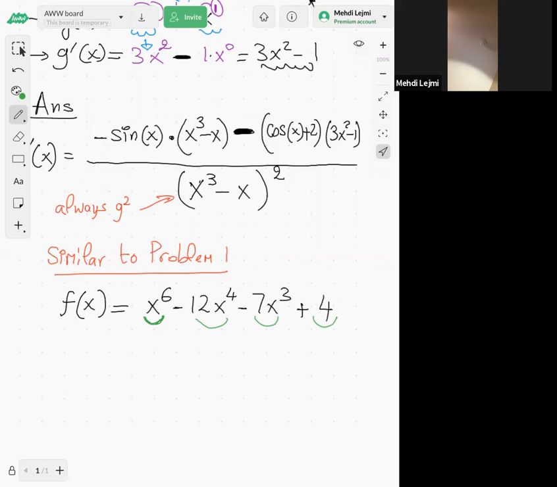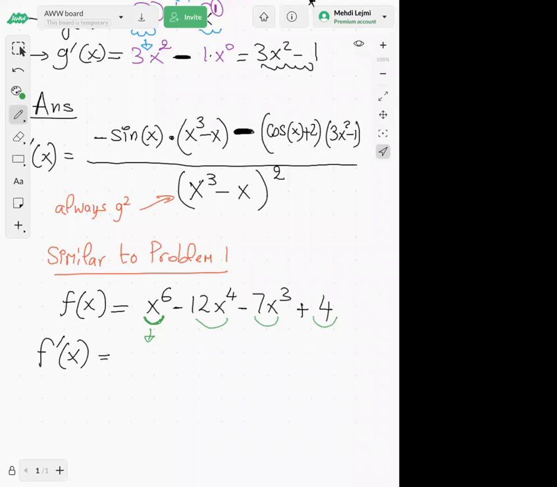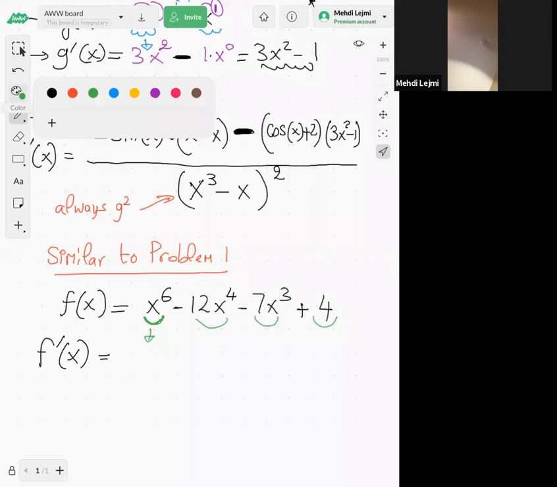So then f prime of x. First, you need the derivative of x to the power 6. Do you know what the derivative of x to the power 6 is? Well, this is a power of x.